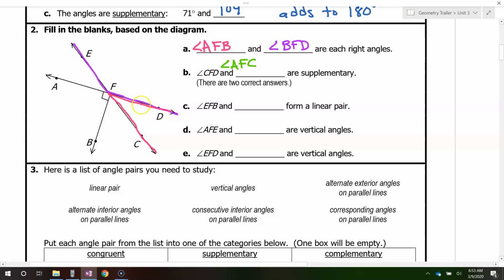All right, can you see that that is also a linear pair? They make a straight line back to back. So I could say, or angle EFD.